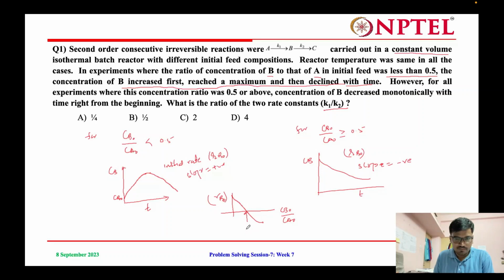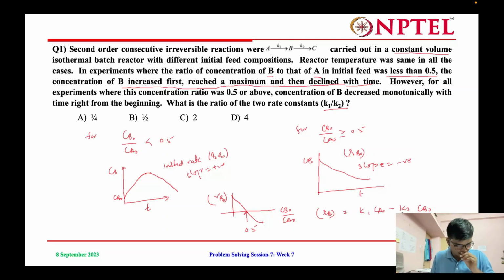The rate equation with respect to B is K1 CA naught minus K2 CB naught. B is a reactant in the second step and a product in the first step; that's why here it is positive, and here B is a reactant, so it is negative.